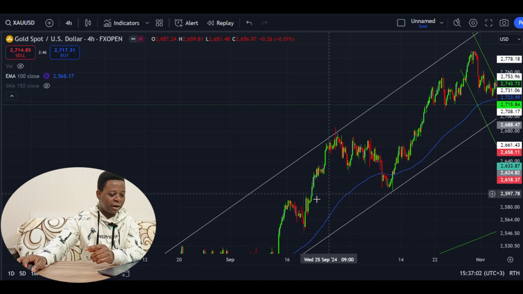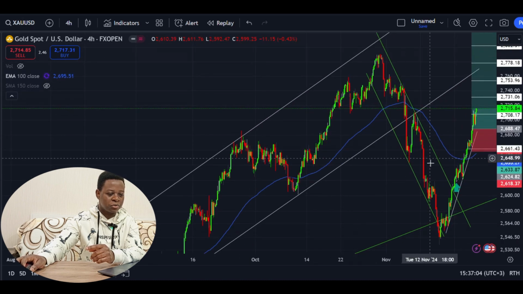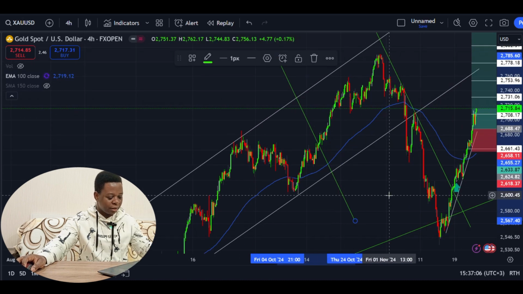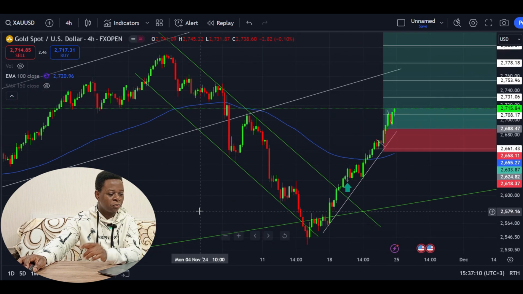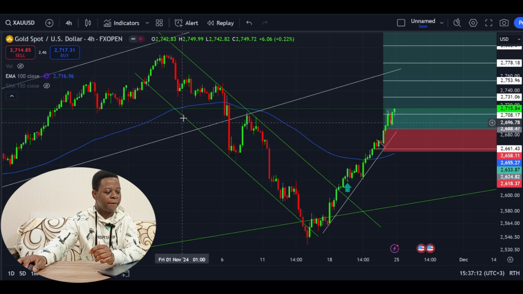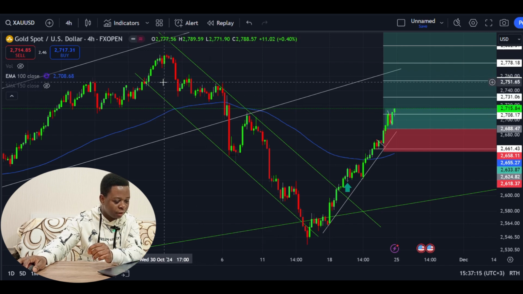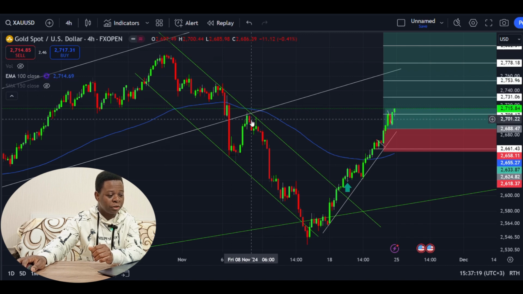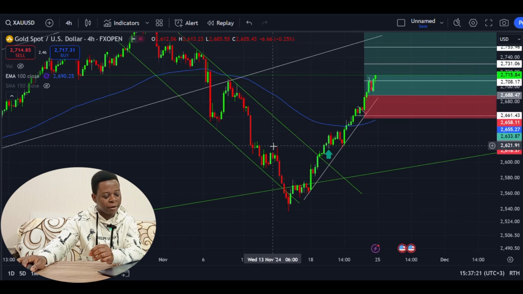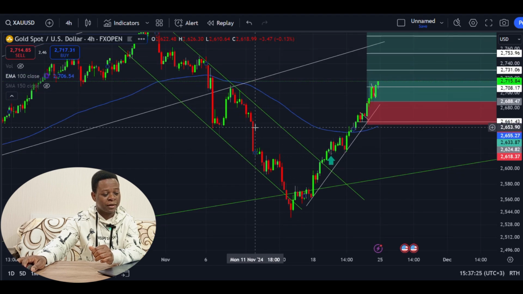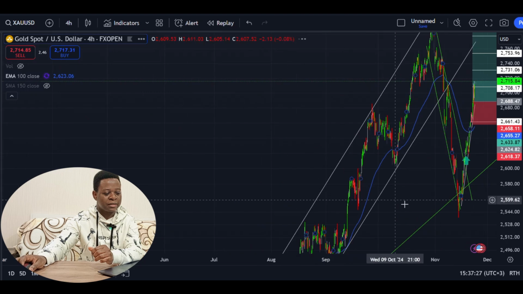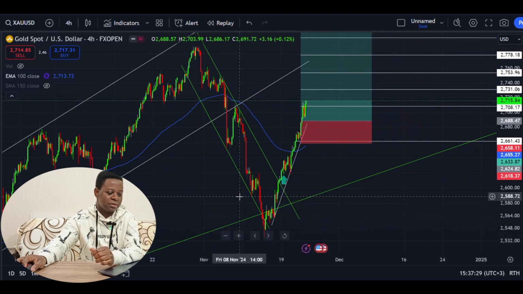And as you can see here, this is gold. As you look at the 4 hours, I have my trend lines already here, and you can see that gold was on a downtrend from the 30th of October, Wednesday. Gold went into this bearish flag, and actually it was a bullish flag, since it's a massive uptrend; this was a normal retracement.